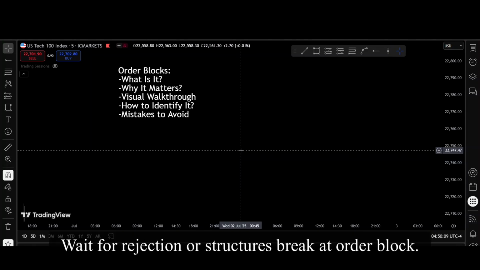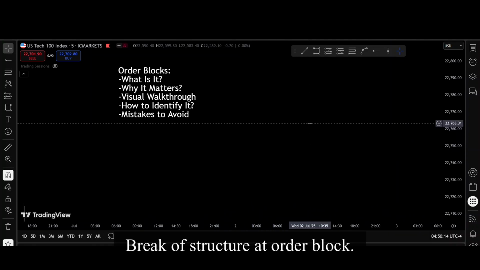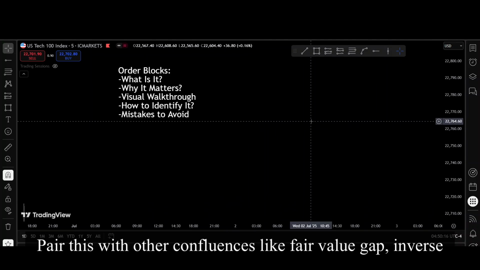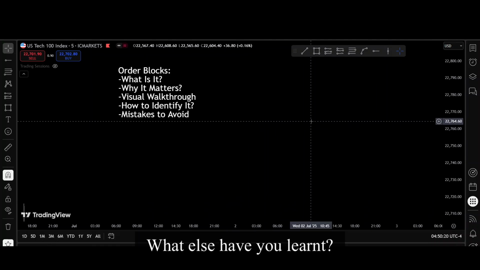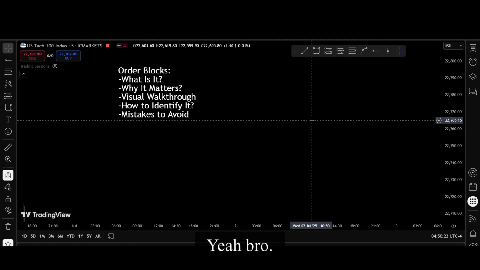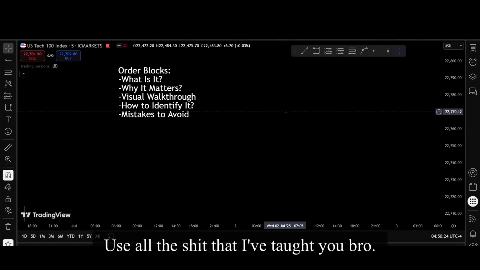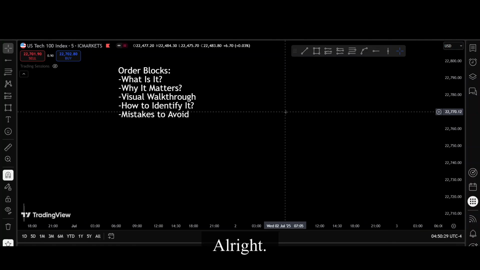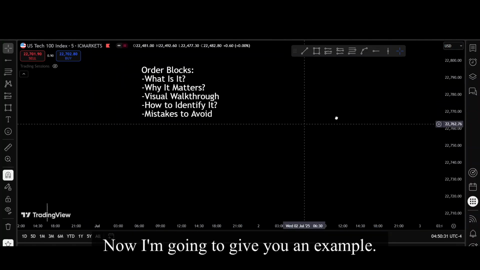Wait for rejection or a structure break at the order block. Pair this with other confluences like fair value gap, inverse fair value gap. What else have you learned? Equilibrium? Yeah, use all the stuff that I've taught you.